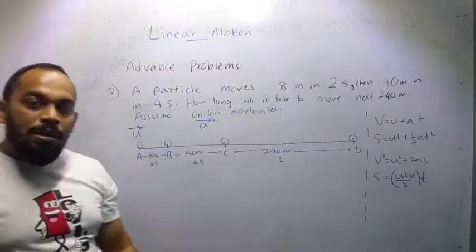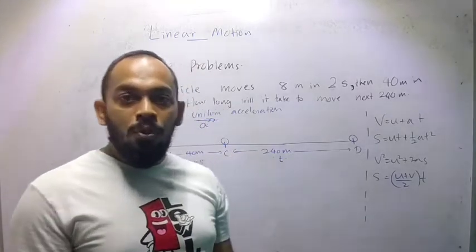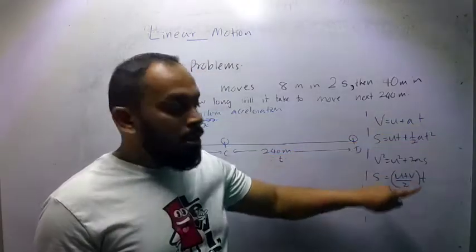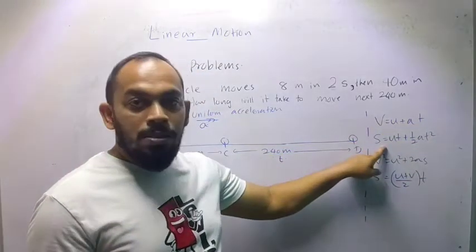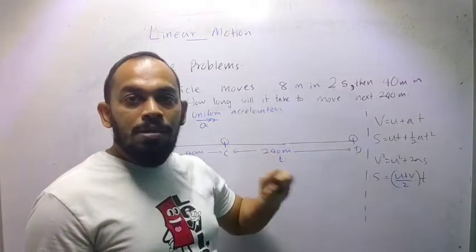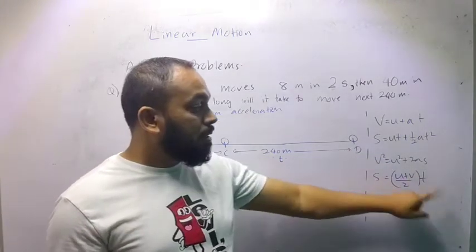So displacement and time, there are formulas to look at it. We have time here, but no displacement. Here, time and displacement are there. Displacement is there, but time is not there. Here you have displacement and time.